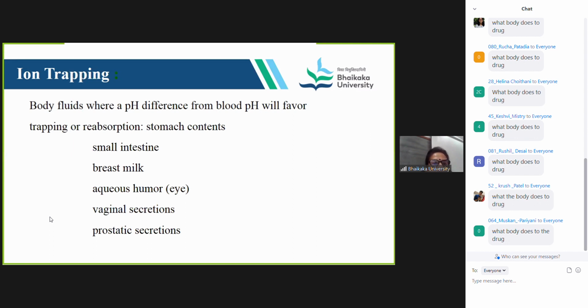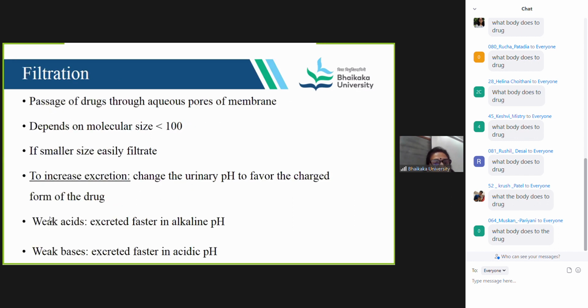There are certain body fluids, like those in the small intestine, breast milk, eye, vaginal secretion, as well as prostatic secretions. You all have to remember that pH is also important for trapping, and it varies in different secretions. So it may play an important role in reabsorption capacity.